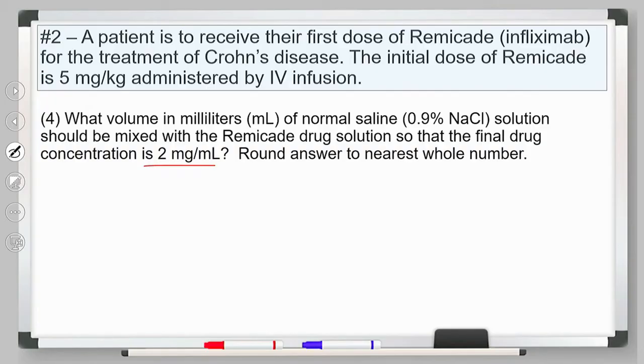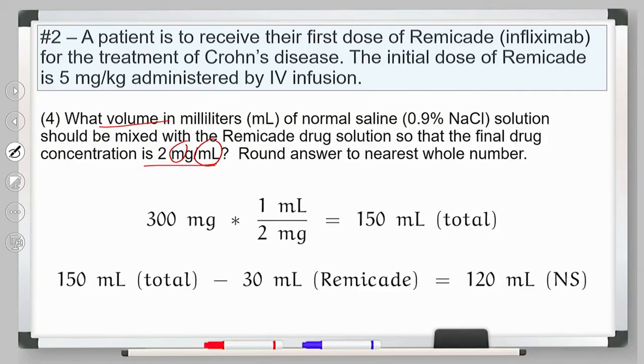So I have a concentration in milligrams per milliliter. I don't know the volume, but do I know the dose? What dose do I want? I want 300 milligrams. That's how much I'm trying to administer. Well, if I can't have more than 2 milligrams per mil, so if I essentially divide by 2, milligrams cancel, that means I'd have to have 150 milliliters. Does that make sense?